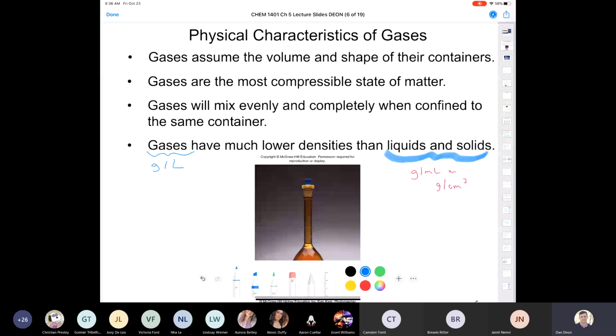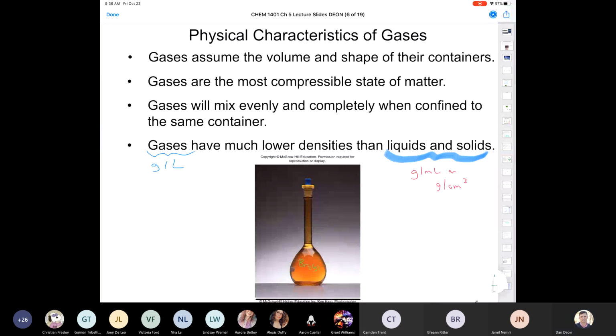So you're basically dividing by a volume that's 1,000 times larger. And that's because gases take up much more space than liquids or solids do. This picture here shows a volumetric flask. And I don't remember exactly what gas is in there. I would guess that it's probably something like bromine. Since it's red, it might be some bromine gas in there.